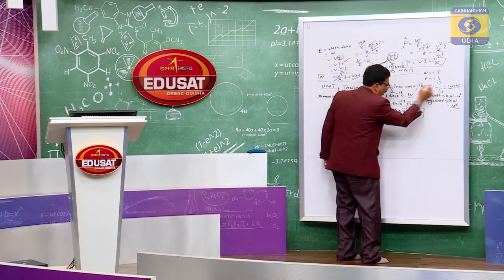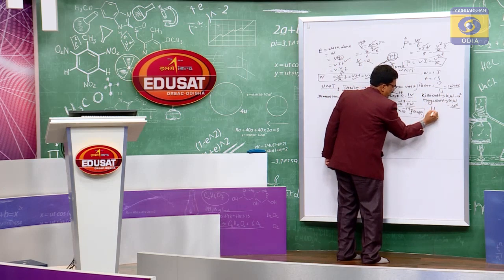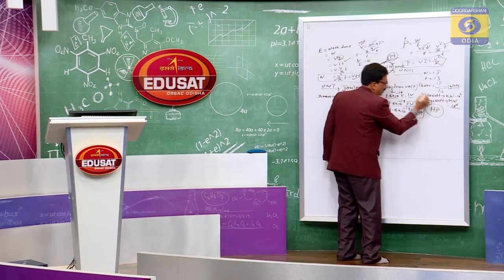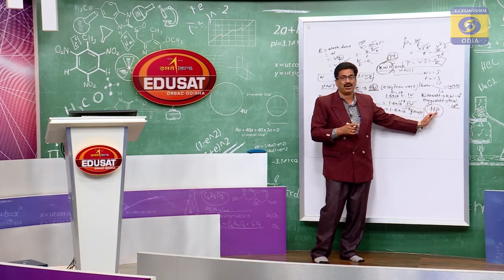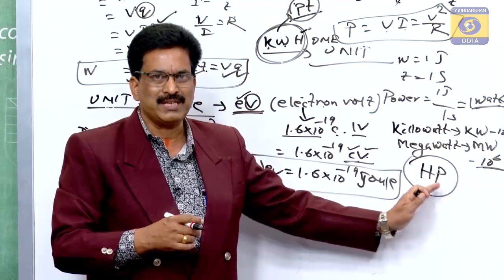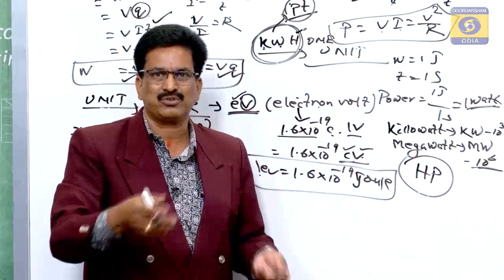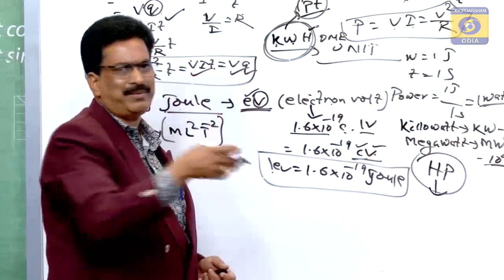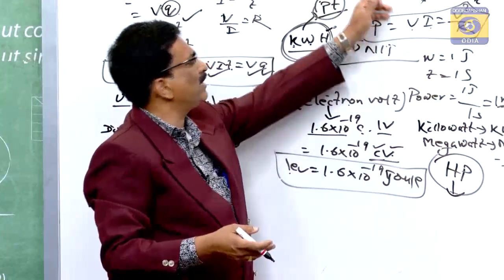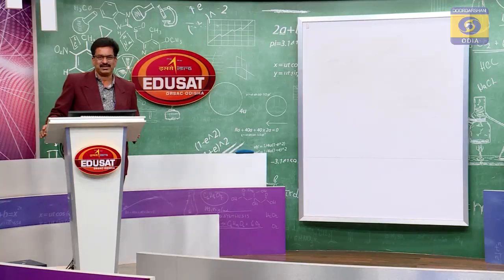The most common unit for higher cases is the horsepower, not Hindustan Petroleum. Horsepower means the power is much more, like a horse. This is the unit, and I am giving you time to calculate its dimension. As we discussed in our last class, this is electrical energy and electrical power.